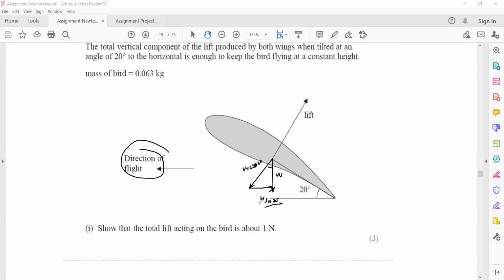So that is causing an acceleration. What is the acceleration? F is equal to ma. That's the resultant force, and W sine 20 is the resultant force. m is the mass, which is 0.063, multiplied by a, the acceleration. The weight is mass into gravity. So we take the weight into sine 20 divided by 0.063, and we will get the acceleration. Is it clear?